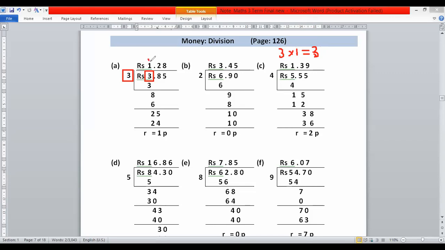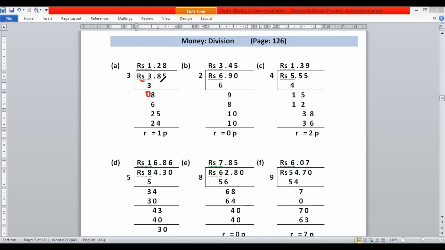Therefore, we will write 1 here, and this 3 down. 3 ones are 3, and after that we subtract this 3 from above 3. 3 minus 3, 0. So here no need to write 0.